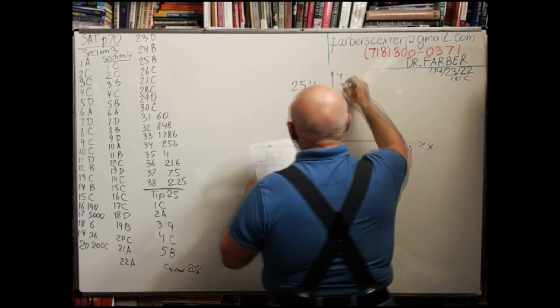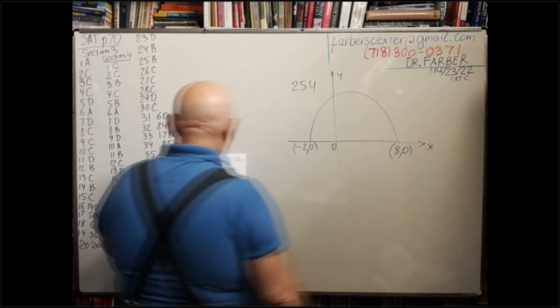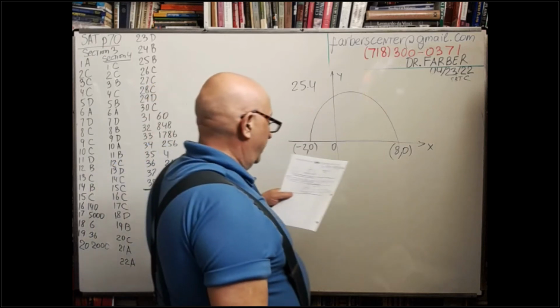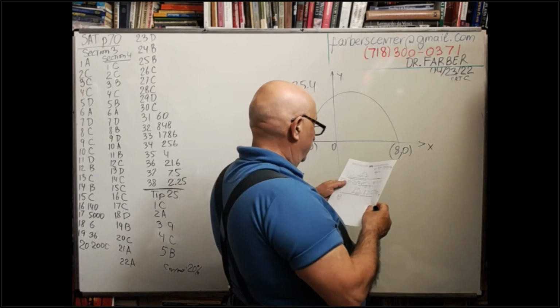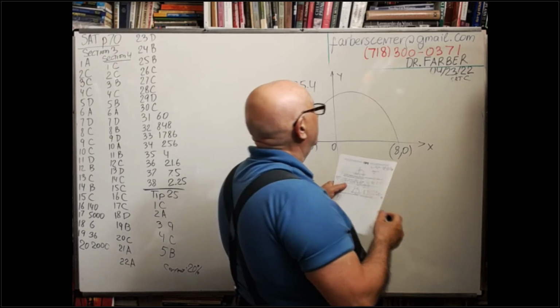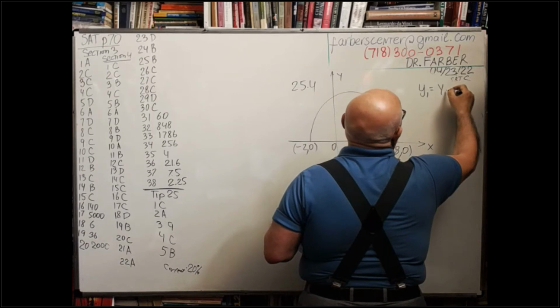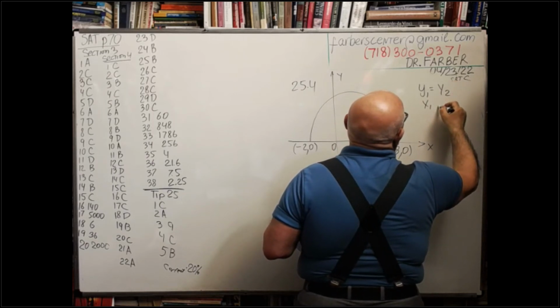Okay. We have a graph. The following are the x coordinates of 2 points on the semicircle whose y coordinates are equal. When y1 equals y2, find x1 and x2.